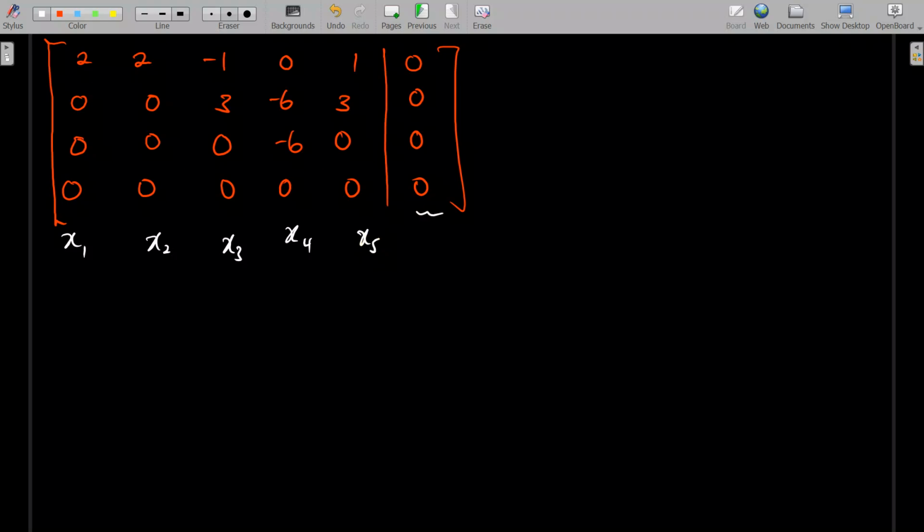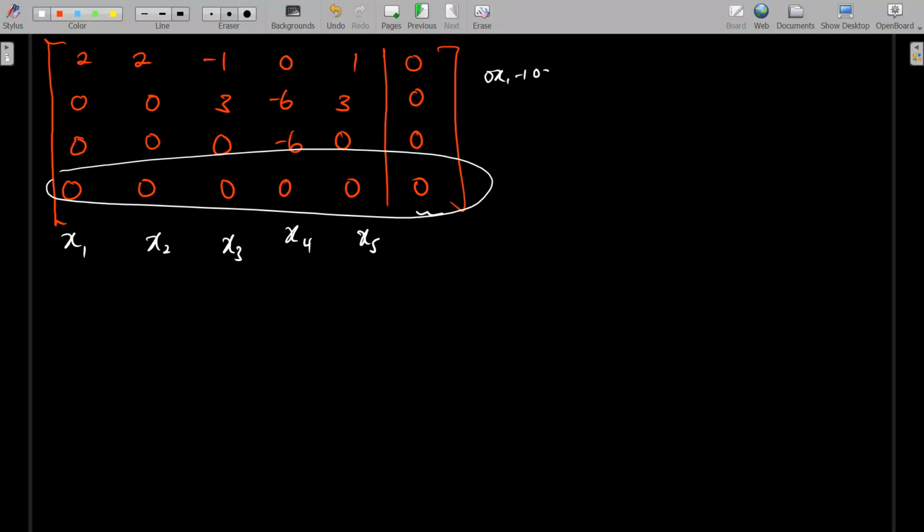What it means is if I pick the last row, it means the coefficient of x1 here is 0, coefficient of x2 is 0, x3 is 0, like that. Okay, this whole thing will sum to 0, so it means that I have 0 x1 plus 0 x2, x3, x4 is equal to 0, right? It will be equal to this one, and it makes sense, right?